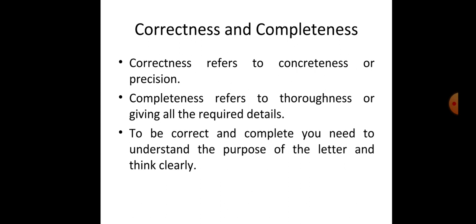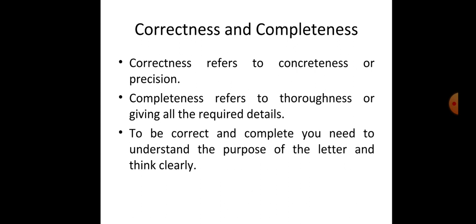Now we are going to talk about two different concepts which are very useful for writing a business letter: correctness and completeness. Without these two things we cannot say the letter is completed. Correctness means whatever we write in the business letter is correct as far as language is concerned.